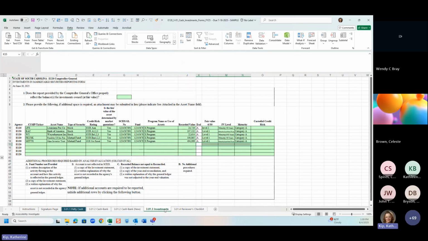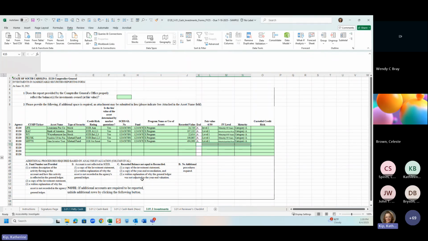If you are one of the very few agencies that hold investments outside of the treasurer's office, so these are not investments held by the treasurer's office, these are investments that are held by your entity. A lot of times they are investments that have been, I guess, given to an agency. Not sure why an agency would hold investments, no judgment in that, but if they are holding investments, they would disclose it here.